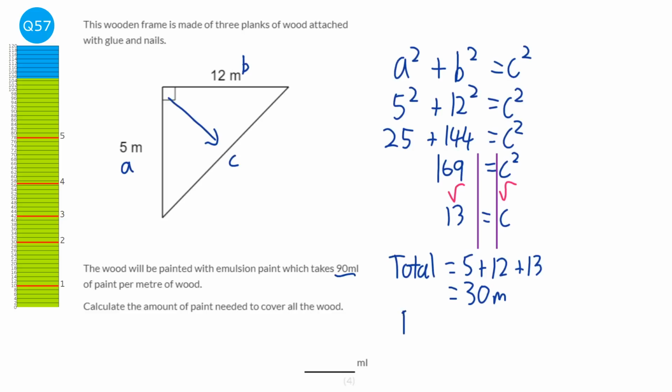So the amount of paint needed is going to be the 30, because that's the total distance, times the 90, because we need 90 for every meter. 3 times 9 is 27, and then put the 2 zeros at the end. So the answer is 2,700 milliliters.